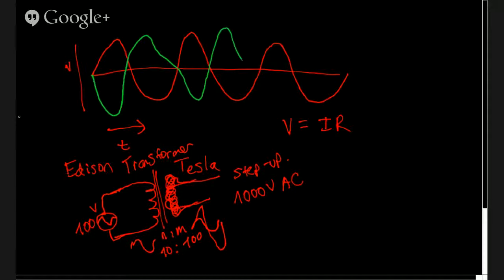It'll look like this. It'll be the same amplitude, roughly, as this one, but perfectly out of phase. Now, if you combine the two, you end up with nothing, 0 volts.